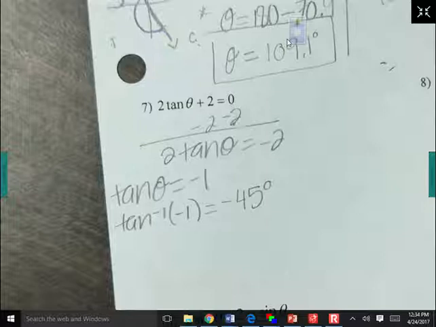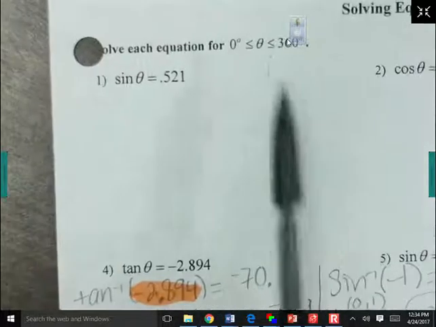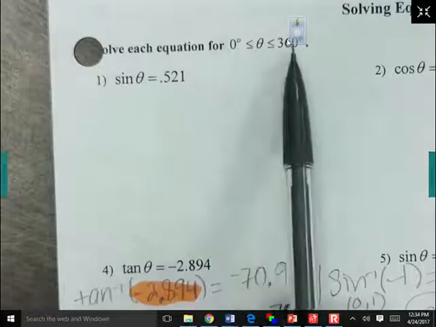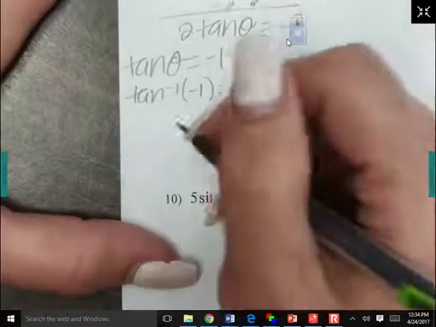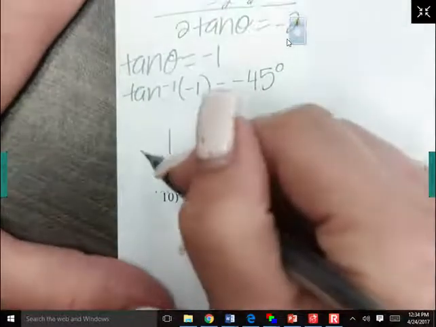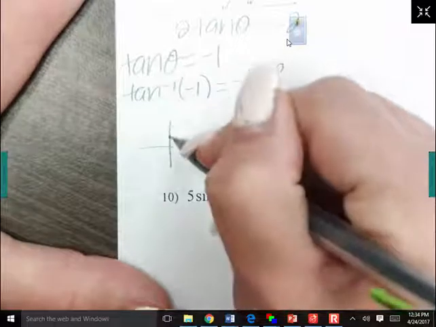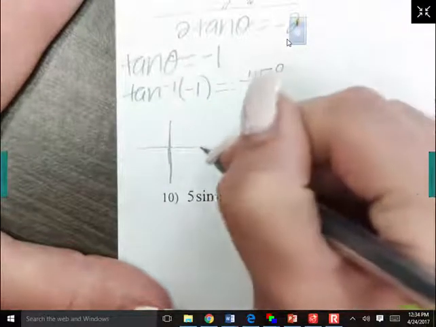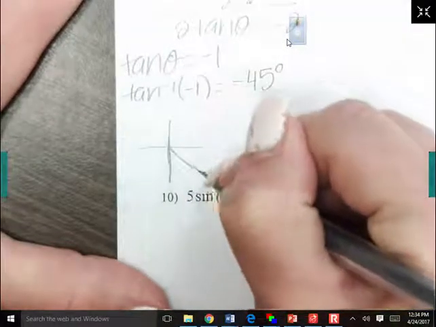It's not one of our thetas because we can't have a negative. By the directions, it needs to be between 0 and 360, which means it can't be negative. So we're going to have to draw this on our graph and see what positive angle corresponds with that negative angle. If we rotate negative 45 degrees, that's here.